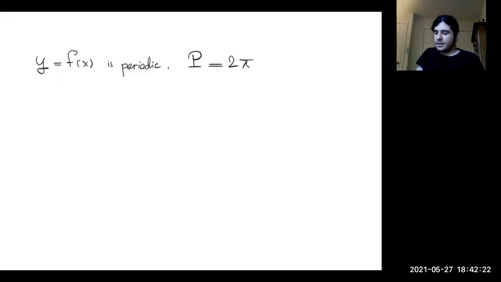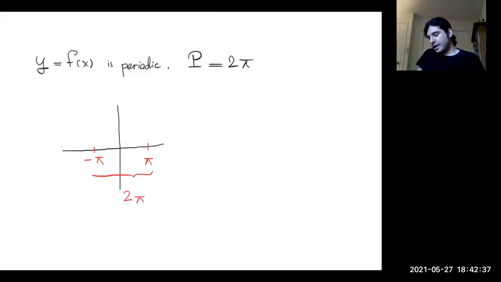In that case, when we look at, for example, the graph of the function f, we only need to look at the graph from minus pi to pi, because the length of this interval is 2 pi, and everything else would be repetitive. So if the function looks like this on this interval, it's just going to continue this behavior everywhere.